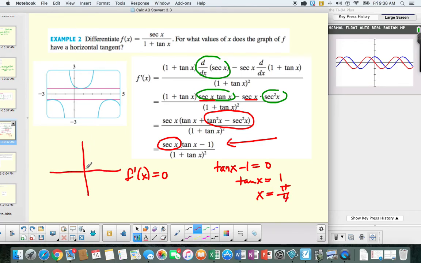Okay, so it happens right here at pi fourths. And it also happens over here, revolving pi units. So we'll say plus n pi. So these will be all the places at which it occurs.